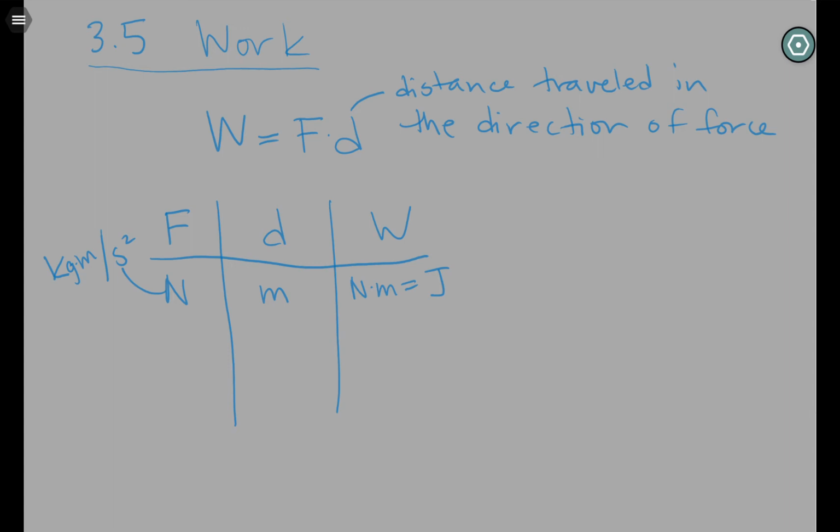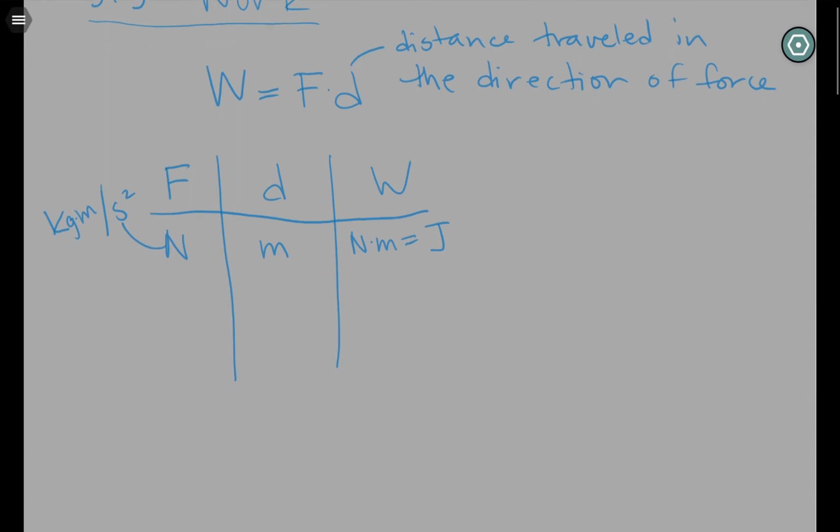I'm not that worried about it, but you do want a little familiarity with these units so that you know if what you're getting makes sense or not. We'll also see force represented by pounds, and distance as feet, and work will be foot-pounds. And we don't have an abbreviation for the foot-pounds, it's just that. So joules and foot-pounds are units of work, newtons and pounds are our units of force.